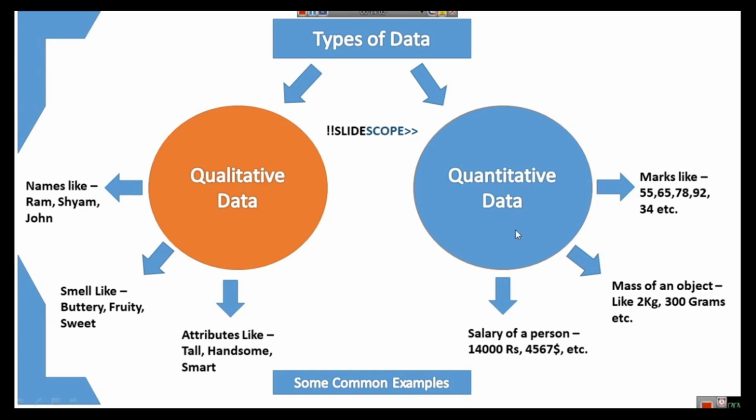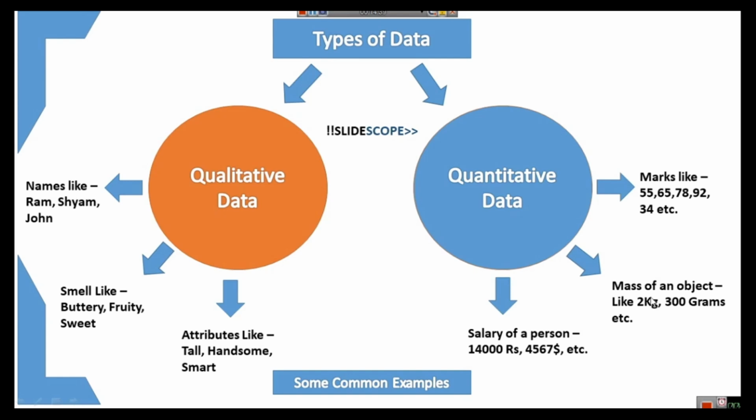In case of quantitative data, examples are marks in exams. Suppose these are marks of 5 people in exams: 55, 65, 78, 92, 34, etc. So this is quantity. We can tell how many marks you got. We can tell you got 92 marks. Again, the mass or weight of an object, like 2 kg, 300 grams, etc. So this is quantitative data.